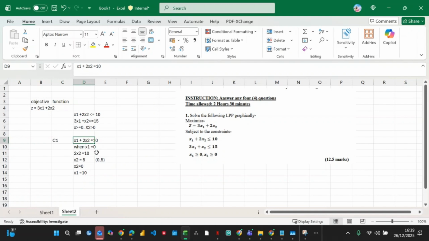Very simple, because 2 times 0 is 0, so x1 is now equal to 10. So here we now have 10 and 0.